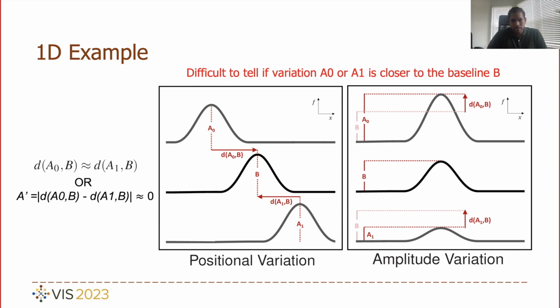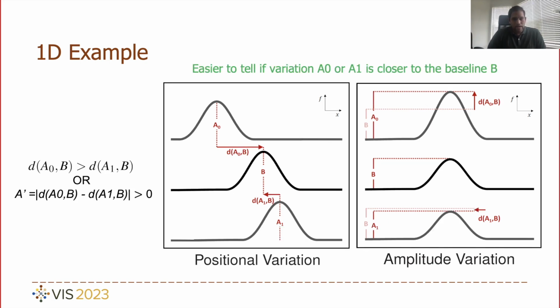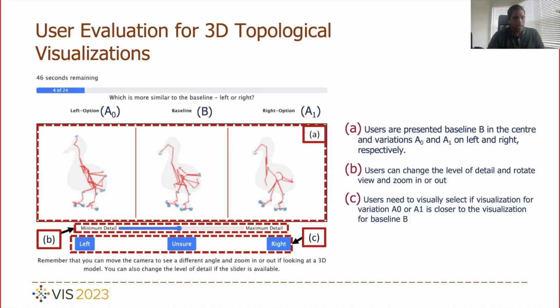Now, it is difficult to tell which variation A0 or A1 is closer to the baseline B. However, as we increase the distance parameter A dash value, it becomes easier to tell which variation is closer to the baseline B. For example, here perhaps it is easier to tell that the 1D plot for variation A1 is closer to the baseline B compared to variation A0.